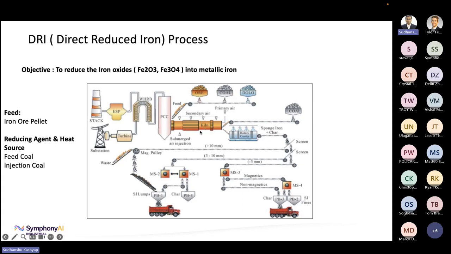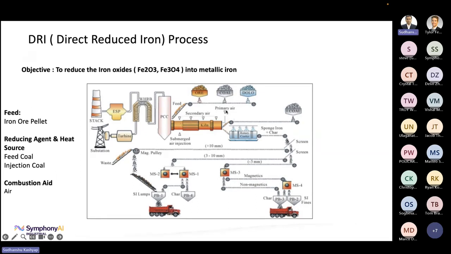Carbon is used as a reducing agent, as well as to provide heat, because the reactions happening here are high temperature reactions. And of course, if we want to produce heat by burning coal, we need air. So combustion air is also given to this kiln.